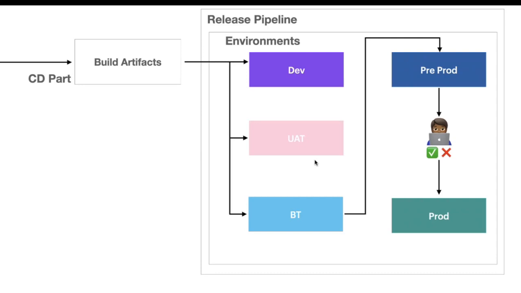The BT environment is provided to business people before releasing into production, so that they can also see what features the new application has. Once BT gives sign-off or approval from the business team, it will go to pre-production, and after approval it will go to production. So it is a process which is defined inside the organization based on the environment.